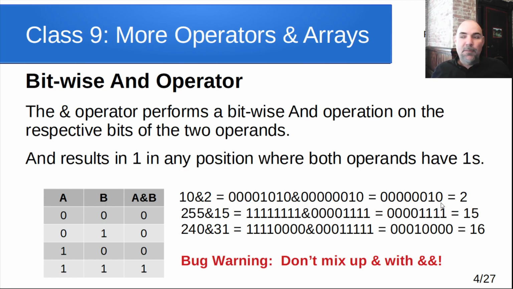Now, keep in mind that there are no borrows or carries or anything like that. All that matters is this table here. So if you look at that table, 1, 1, you get a 1. Anything else, any other combination, you get a 0. And here are some examples, 10 and 2. So here's what 10 looks like, it has an 8 and a 2. And then we're ANDing that with 2.